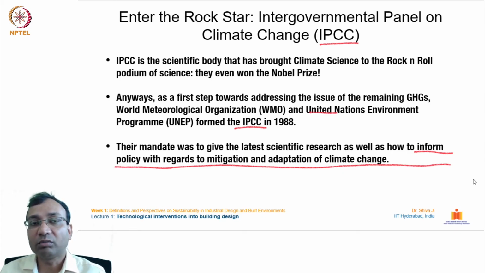They even won the Nobel Prize. Anyways, as the first step towards addressing the issue of the remaining GHGs, the World Meteorological Organization (WMO) and the United Nations Environment Programme (UNEP) formed the IPCC in 1988. Their mandate was to give the latest scientific research as well as how to inform policy with regard to mitigation and adaptation of climate change.